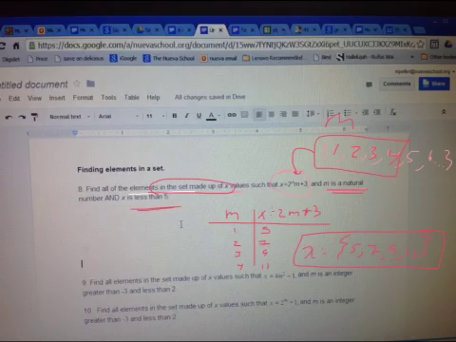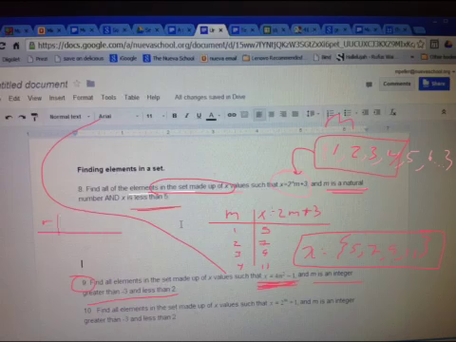In number 9, it's going to be the same idea. We're going to get x values using this equation. And this time m is an integer that's greater than -3 and less than 2. So for this particular problem, let's make a little space here.